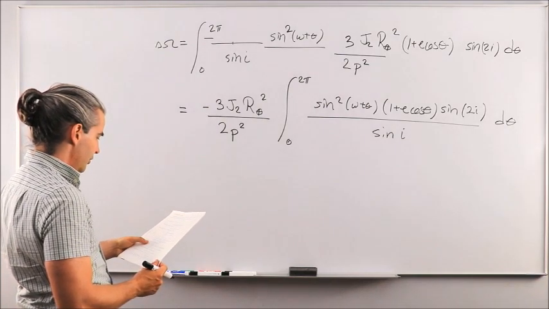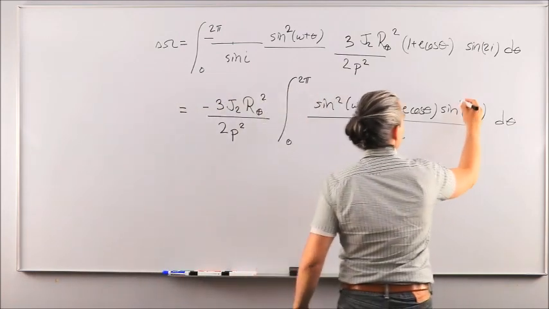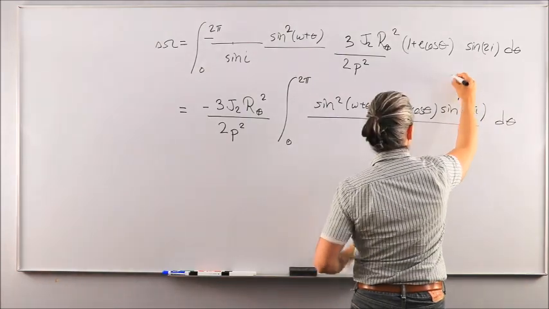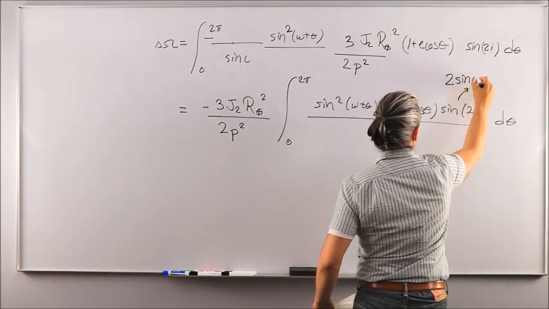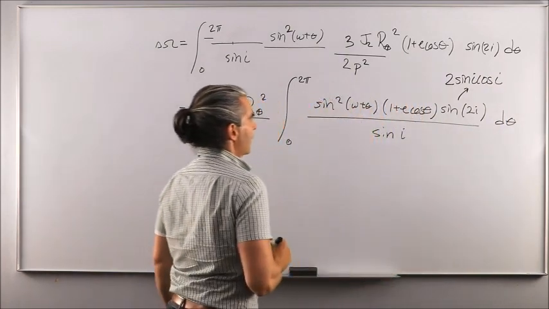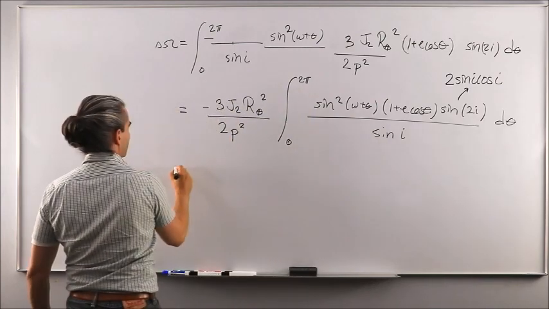Next up, I'm going to use the fact that sine 2i could be written in terms of 2 sine i times cos i, and then simplify the sine i term here. So let's do this.